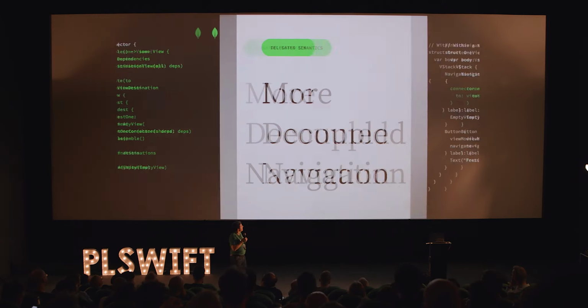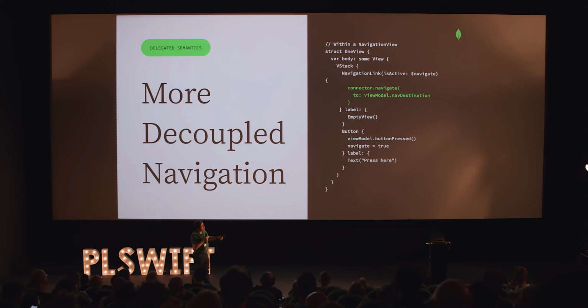Very easy. So now, when you want to do the navigation, you use the connector that has injected itself in the view, and you say, hey, I want you to navigate to this view model, which is the view model that is in this view, with this property that is the enum case that it navigates to.